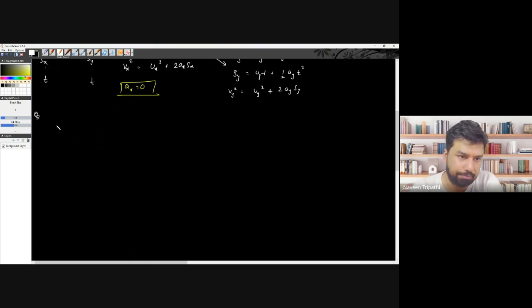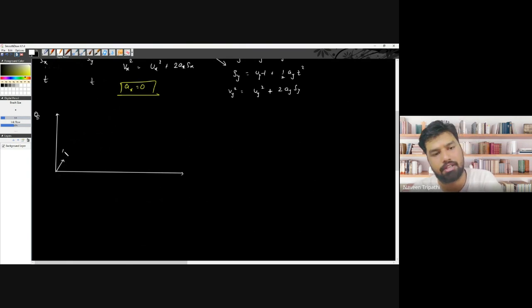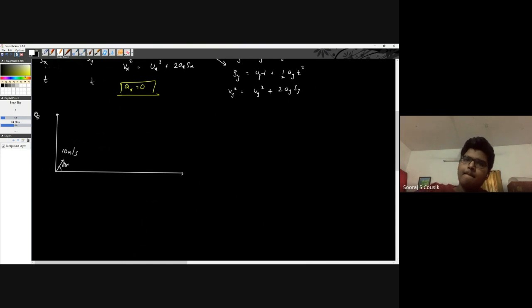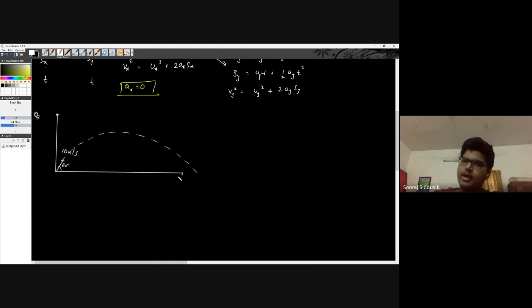Now, let's do a complex question. Let's say you throw something like this, with a speed of, let's say, 10 meters per second, and let's say the angle is 60 degrees. It will definitely go like this.